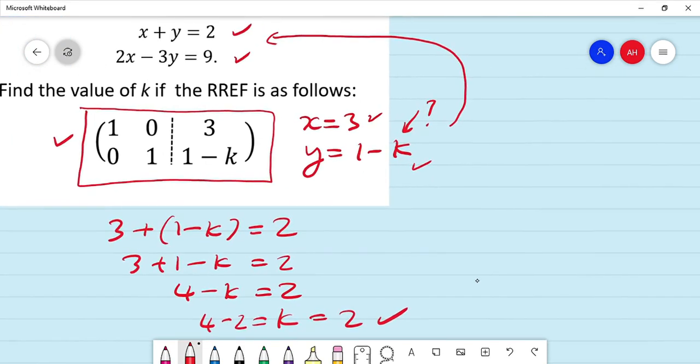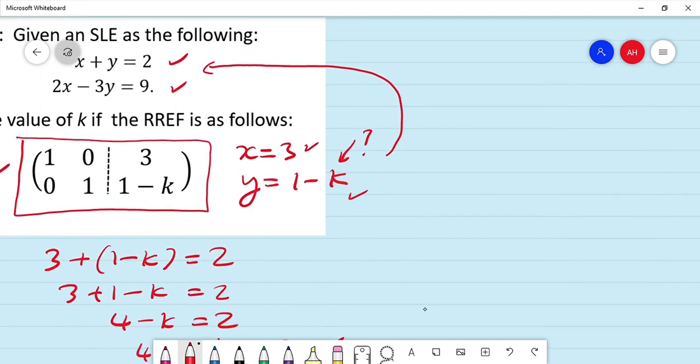Now let's check. For the second equation, that is 2x minus 3y, supposed to get 9. Okay, and we substitute again x equal to 3 and y equal to 1 minus k in equation number 2. That is 2 times x, that is 2 times 3, minus 3 multiplied by y. Y is equal to 1 minus k, is equal to 9. Yeah, we have this equation now.